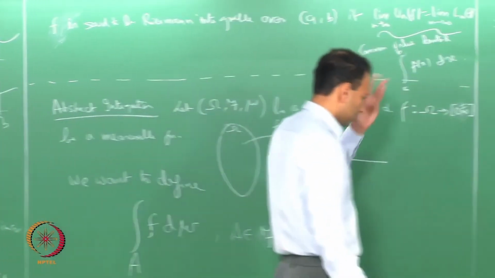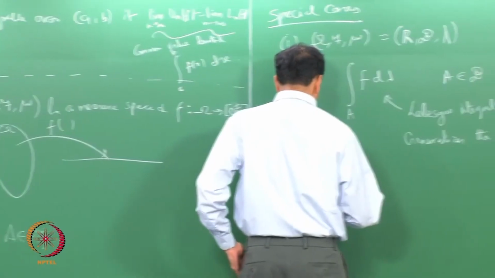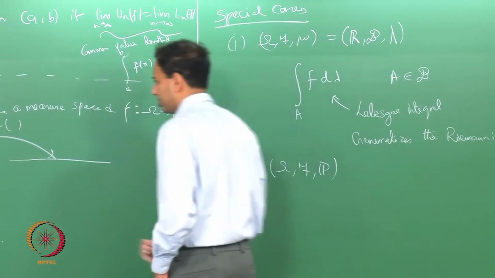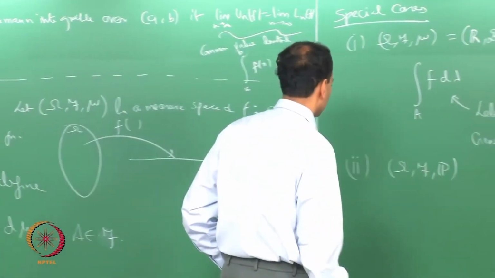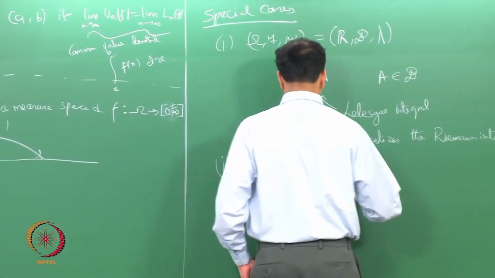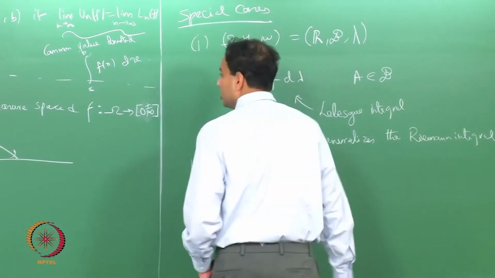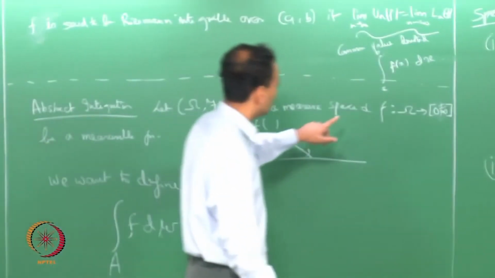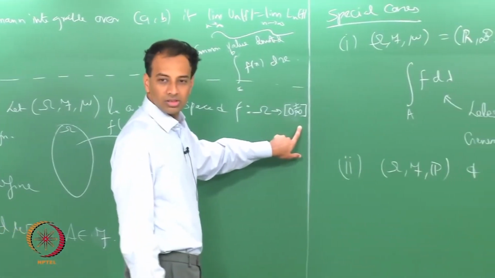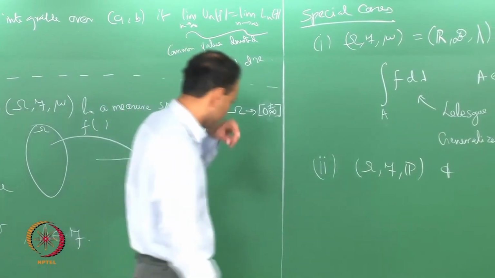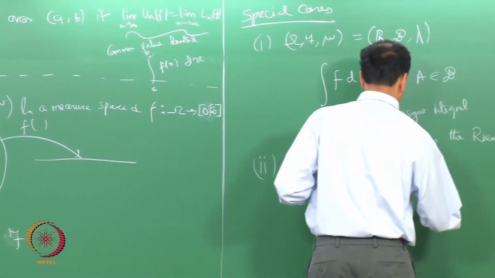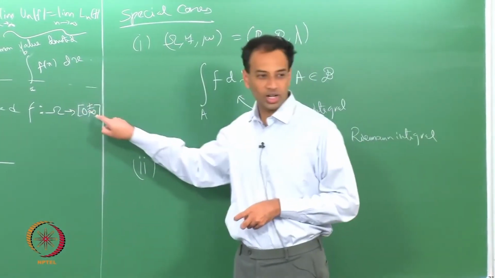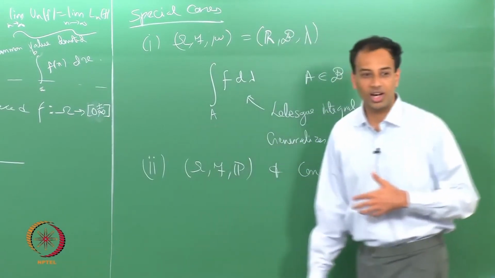Since we are doing probability theory, let us say this is a probability space, and mu is a probability measure, so I call it P. And I am going to consider a measurable function from omega to, let us say, R. But what is a measurable function from omega to R?